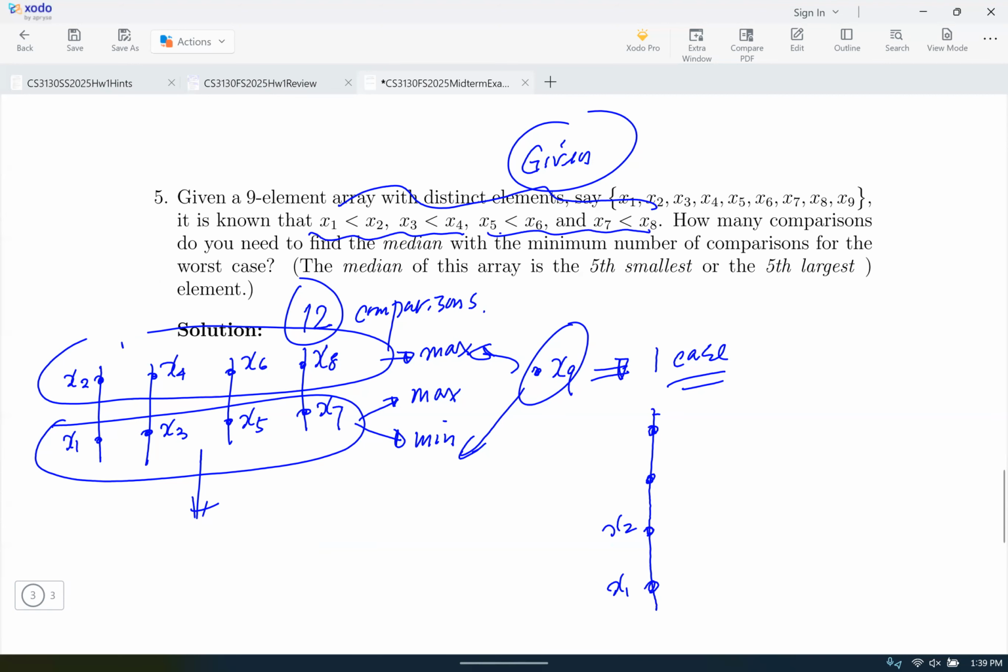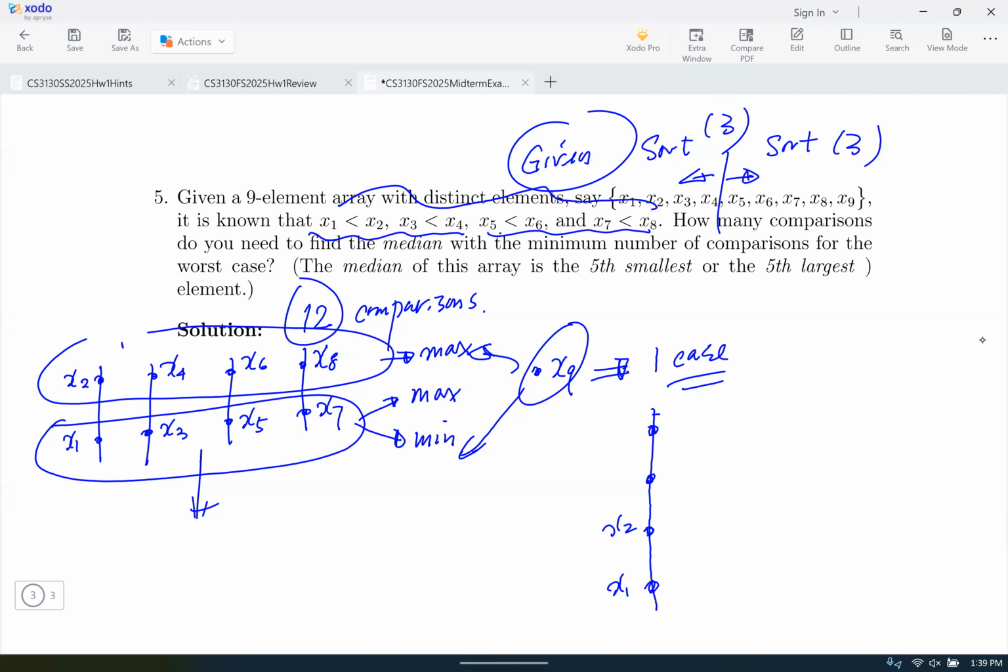So you split first 4 and last 4. First 4 you sort, last 4 you sort. Then you need 3 comparisons. First 4, last 4, you do the sorting. With the given condition, you need 3.